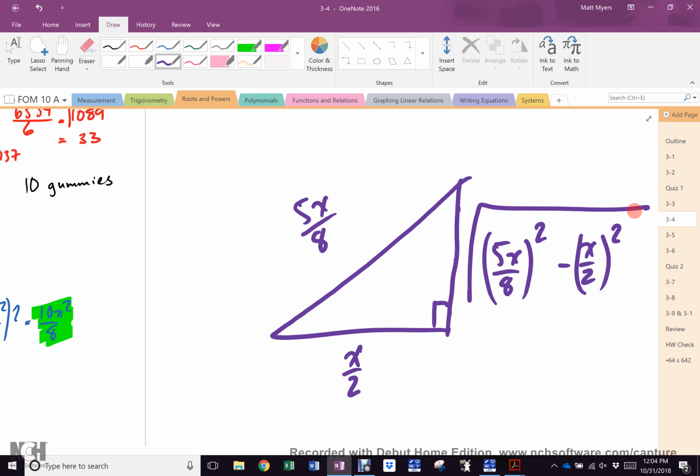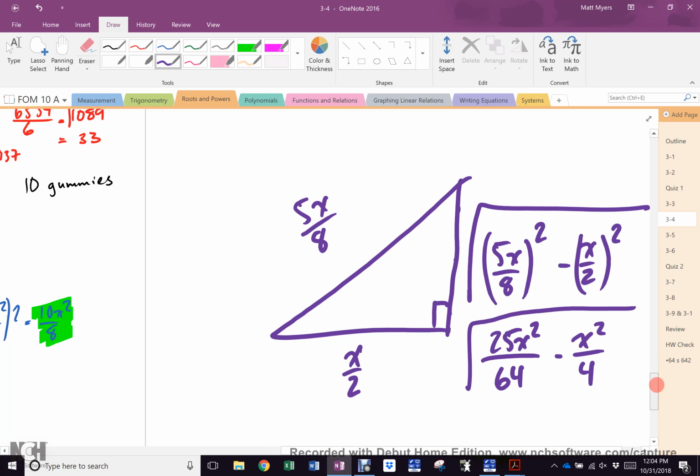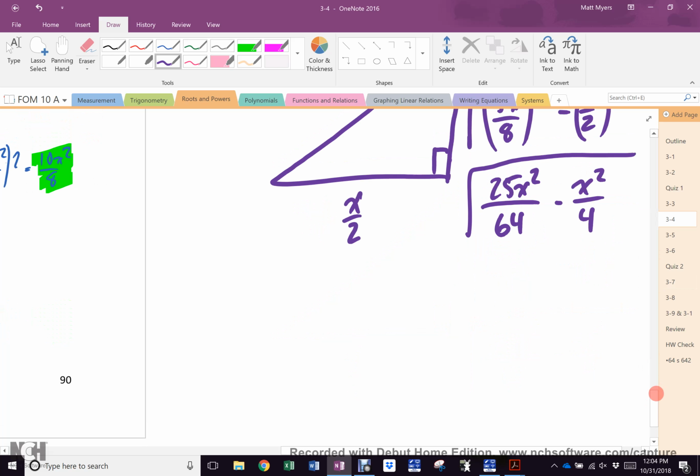You're exactly right. What is 5x over 8 squared? 25x squared over 64, yes? We already know that from our exponent unit, right? Minus x squared over 4. We still cool? And all that is square rooted. We're still good, right? Can I do this subtraction right now?